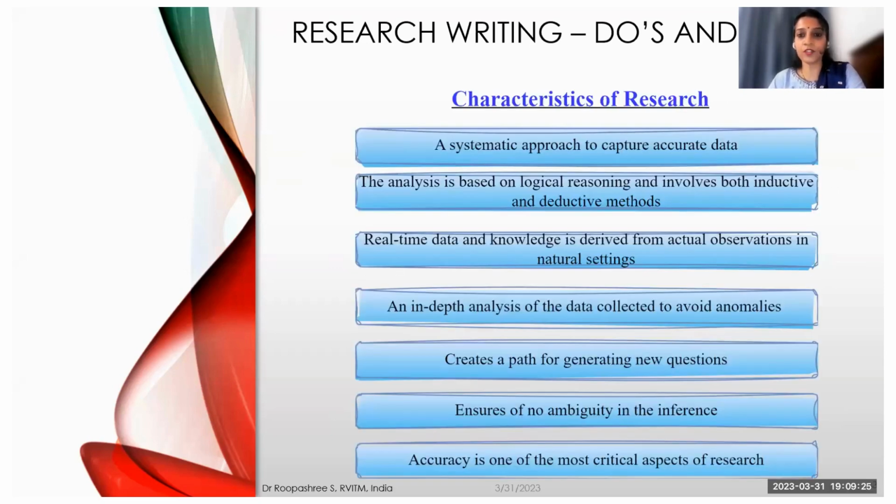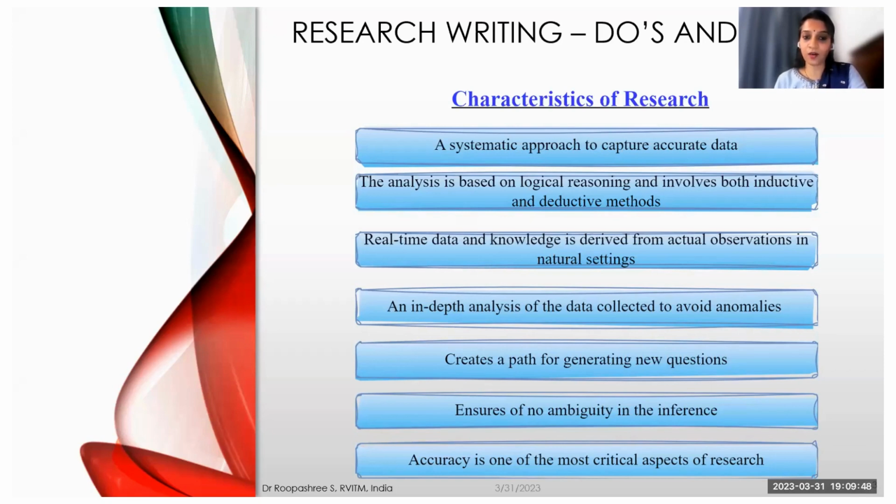So moving further, let me give you a few characteristics of basic research. Research is a systematic approach in order to capture accurate data. Further, research is all about analysis based on logical reasoning, which involves both inductive and deductive methods.